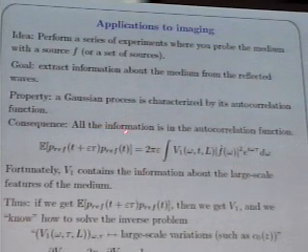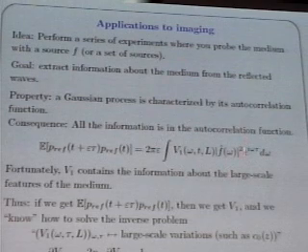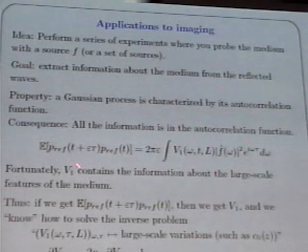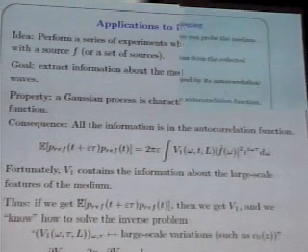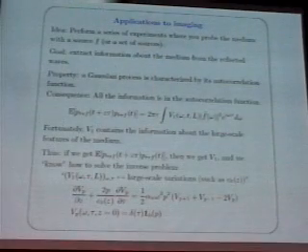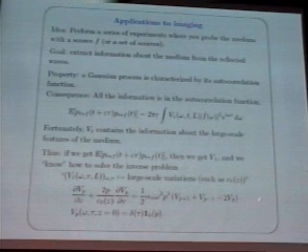Fortunately, the autocorrelation function depends on this function V1, and this V1 contains the information about the large-scale feature of the medium. So that's good, because V1 is solution of a transport equation in which the large-scale variation of the medium appear.